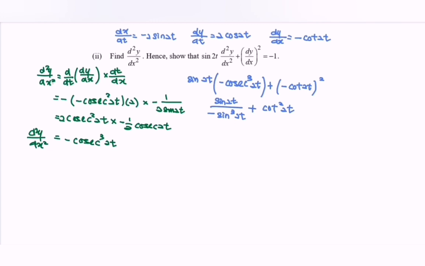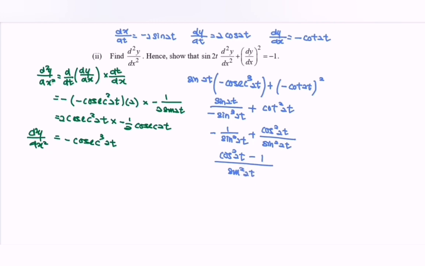So simplifying, we have negative 1 over sine squared 2t plus cos squared 2t over sine squared 2t. Since we have the same denominator, we can rewrite it as cos squared 2t minus 1 over sine squared 2t.